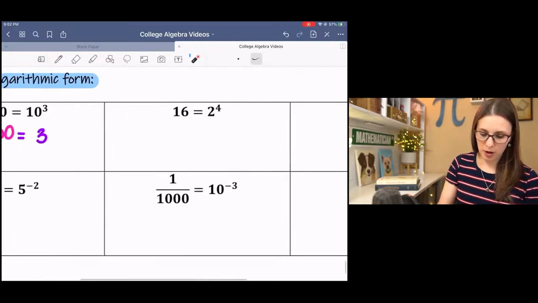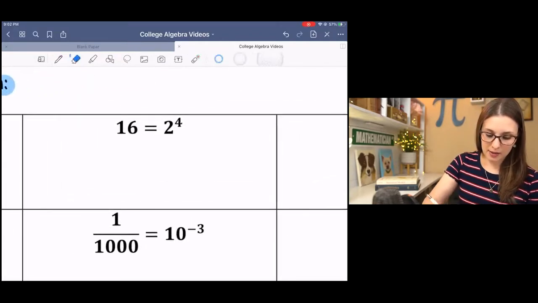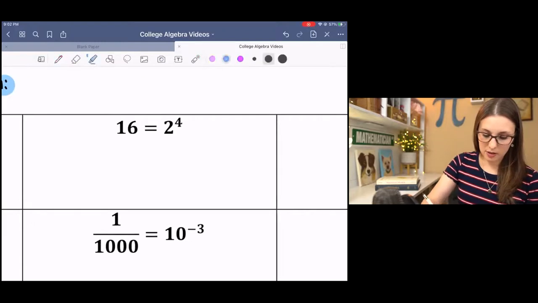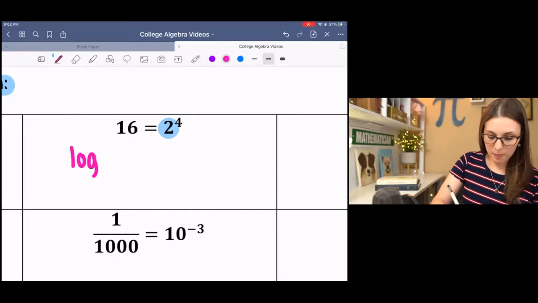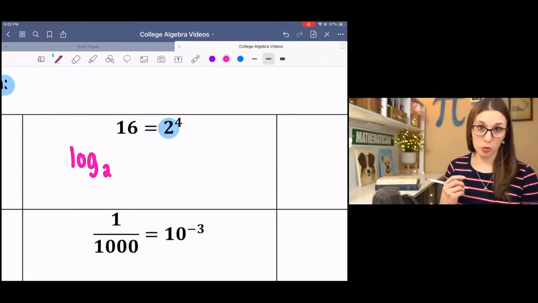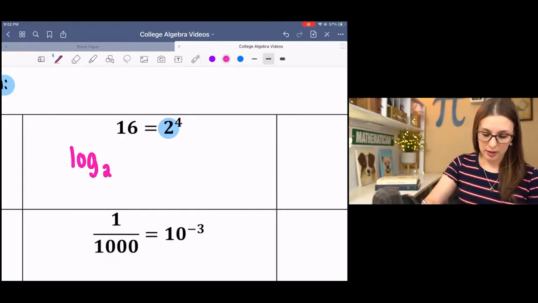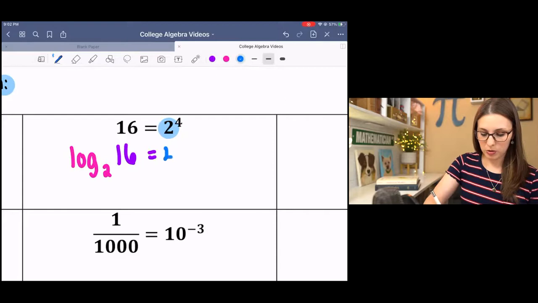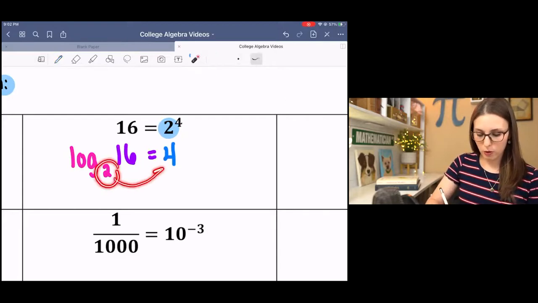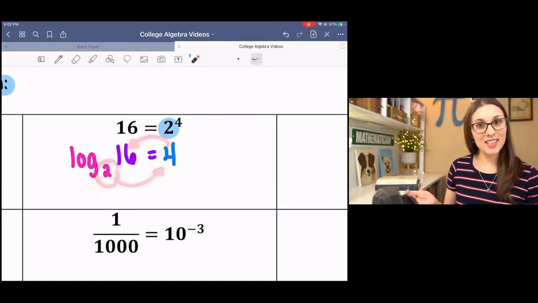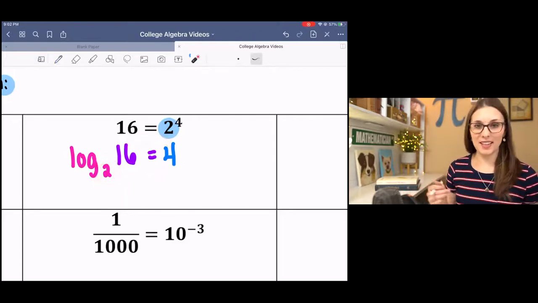So the next one, the base is 2, which means that when I write my log, my base is 2. And then my bigger-font number goes here, and then my exponent goes here. So what we're saying is 2 to the 4th is 16. Easy.